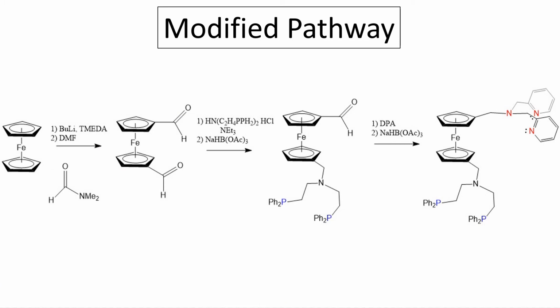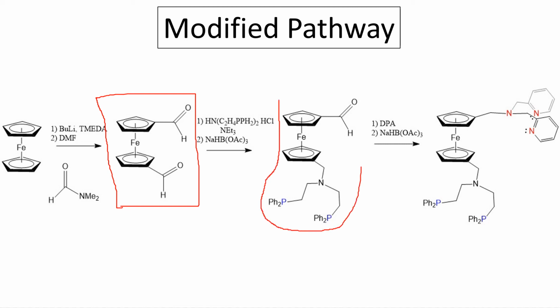However, we were able to create a modified pathway that ended up being more efficient and contained fewer steps than did our original proposal. We found that in the process of trying to make a symmetric molecule from this symmetric diformyl version here, we actually were able to create a non-symmetric version with the PNP arm that you see at the bottom of this molecule on one side but not the other.